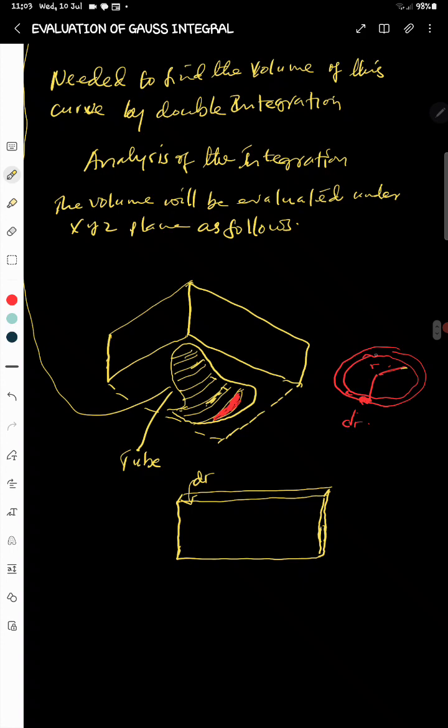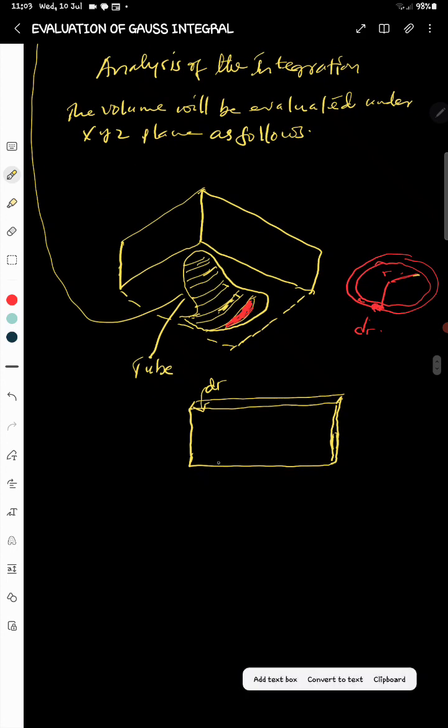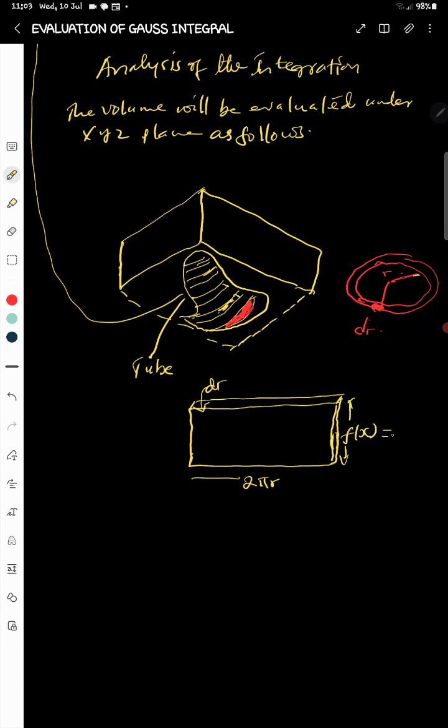Now taking the circumference of this, it is the same as unfolding this. It becomes 2 pi r, and here the height is the function itself, f(x), which is equal to e raised to negative r squared.